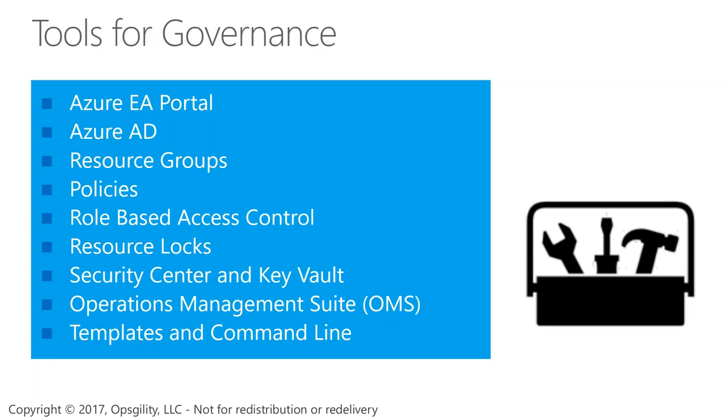In this training today, we won't really get into Security Center, Key Vault, nor OMS. Those are additional levers we can pull within Azure to increase our governance capabilities, but those are topics we won't touch on really today. And we'll discuss today templates as well as managing via command line.